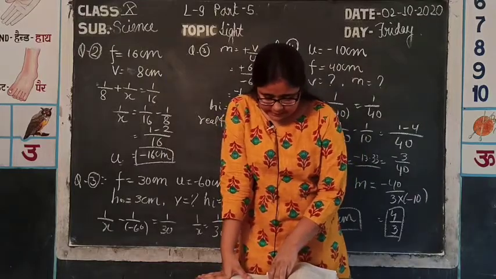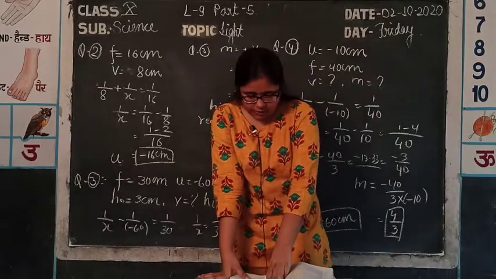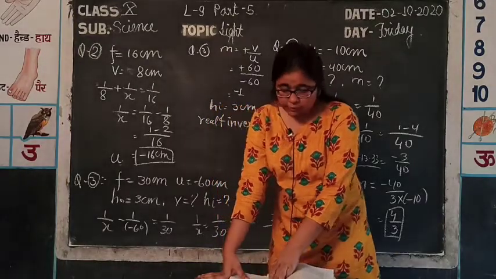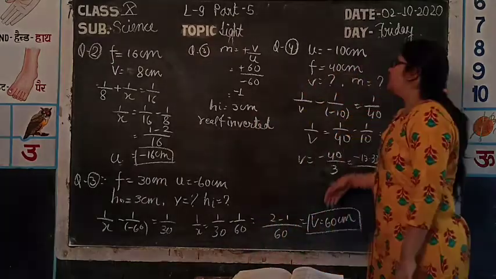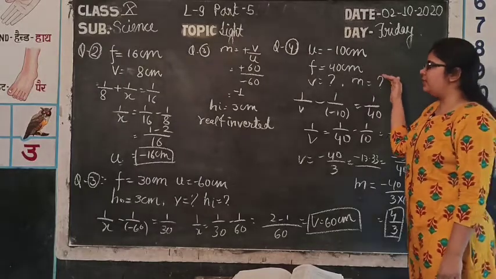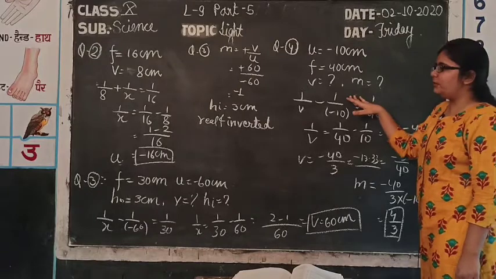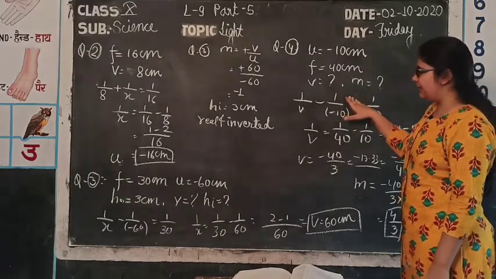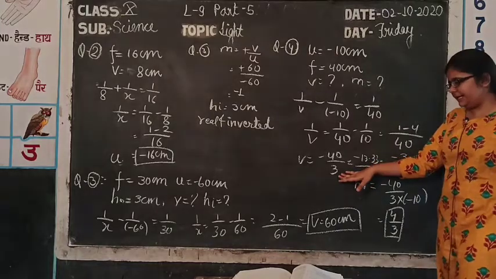An object is placed at 10 centimeter from a convex lens. If focal length of convex lens is 40 centimeter, then you have to find the position of image as well as the nature of image. So, U is minus 10 centimeter and focal length is 40 centimeter. You have to put the values of U and F in the formula of lens. Then you get V, that is minus 40 by 3 centimeter.